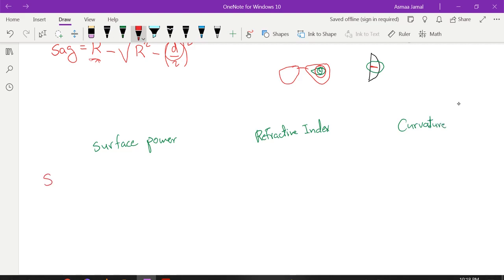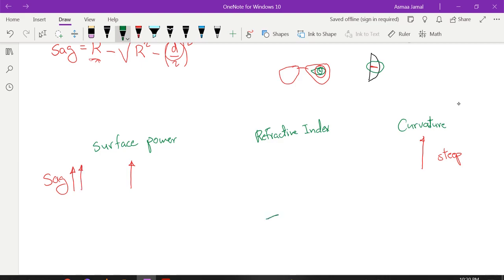Here we have sagitta. When the surface power increases, the sag here will increase too. And when we have more curvature, which means steeper lenses, we also will have an increase in sag.